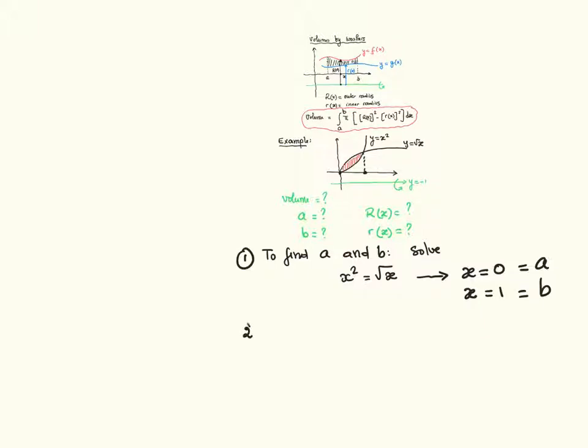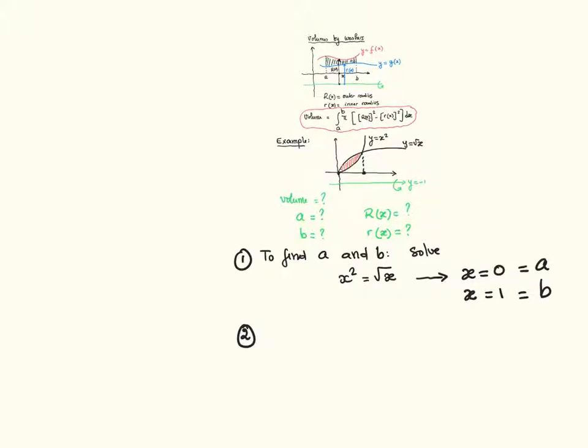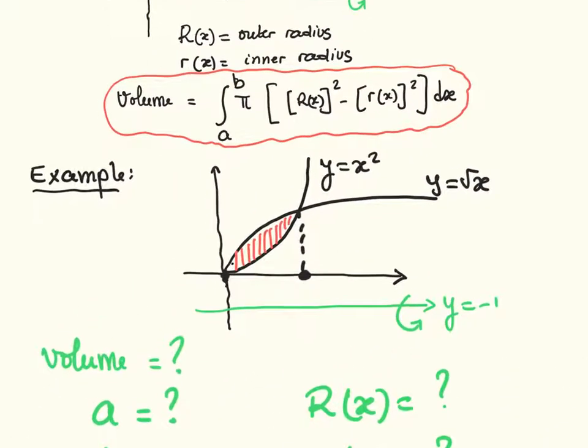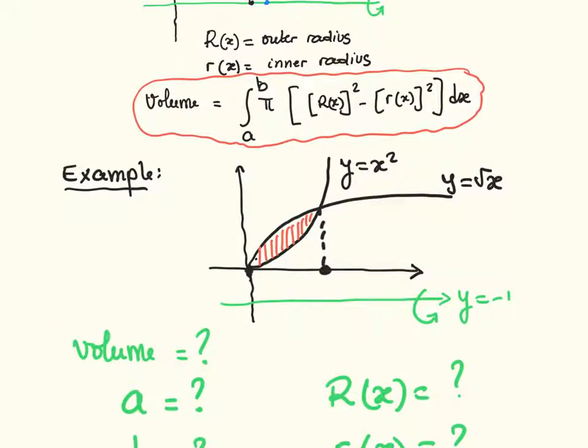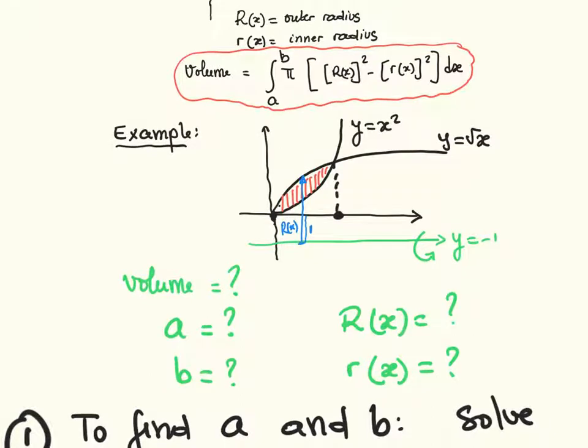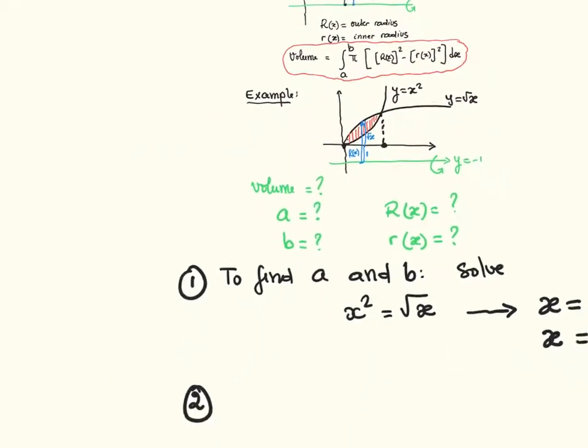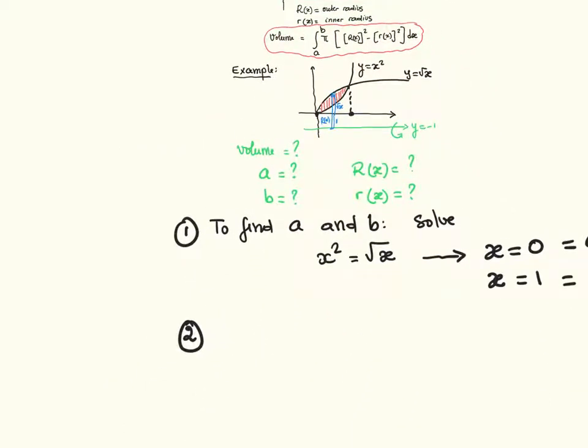Now I need to determine the outer radius R of x. For this I need to focus a little bit on my graph here. So the outer radius is this distance R of x here, which is basically the 1 plus the function square root of x. This is square root of x. So the outer radius is 1 plus square root of x.